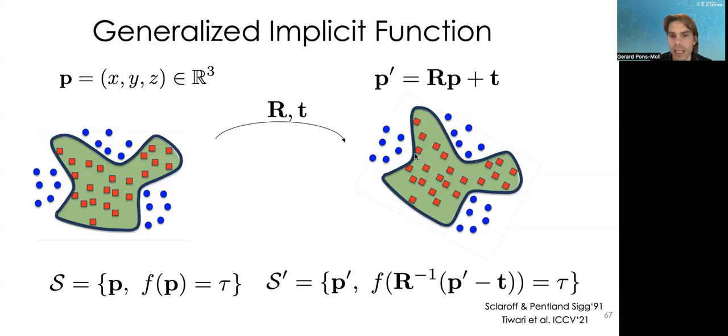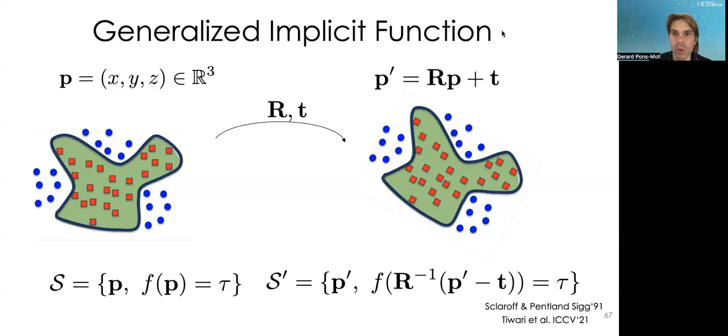The surface S prime after the transformation is nothing else than the points P prime, such that f of R minus 1 of P prime minus T, so the inverse of P prime, bringing it to the canonic space, equals this threshold function.